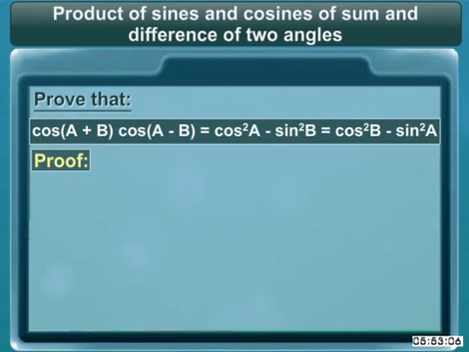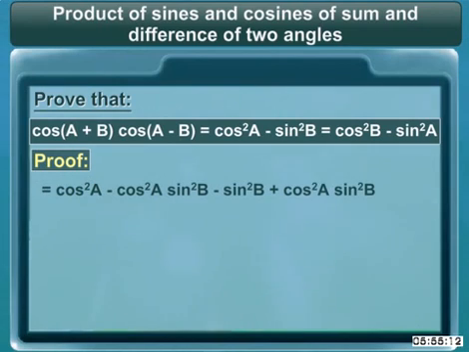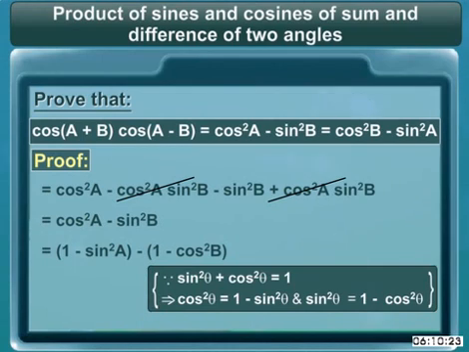Now further, on solving, it is equal to cos square A minus cos square A into sin square B minus sin square B plus cos square A into sin square B. After cancellation, it will be equal to cos square A minus sin square B. Further, again using the same trigonometric identity, sin square theta plus cos square theta equal to 1 implies that cos square theta is equal to 1 minus sin square theta, or sin square theta is equal to 1 minus cos square theta.